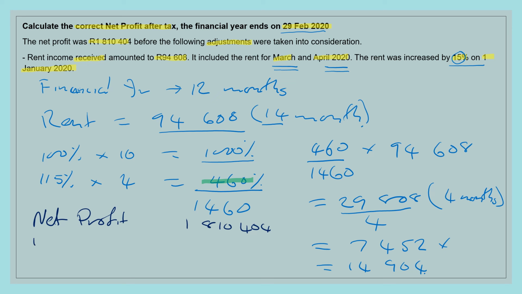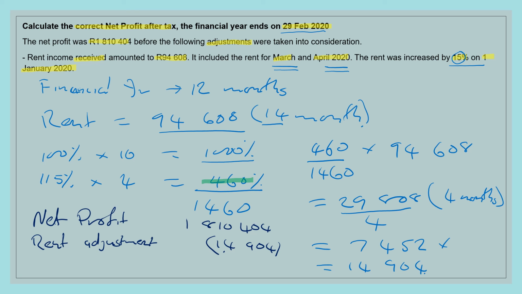Then we have the rent adjustment of 14,904, which you're going to subtract. Then it will include other adjustments as you go.